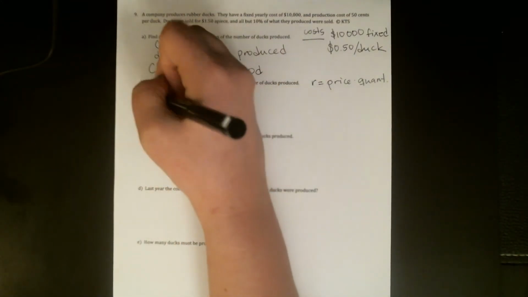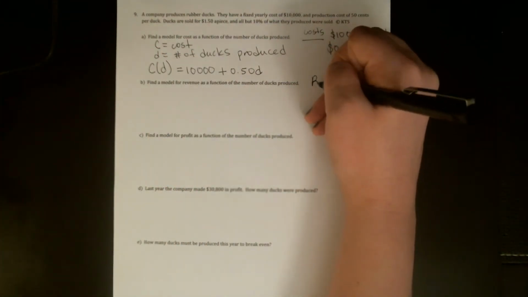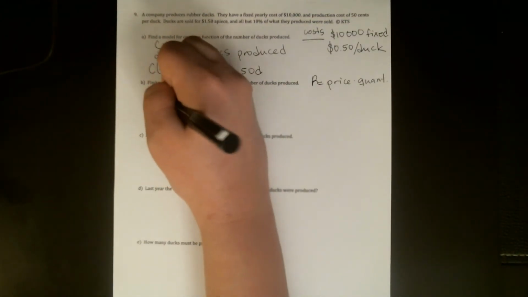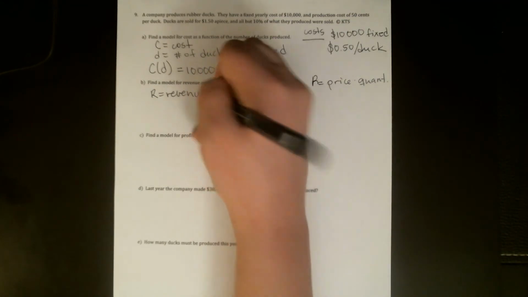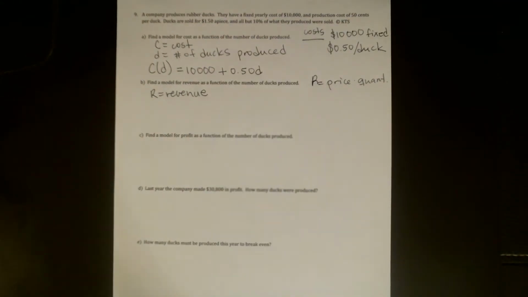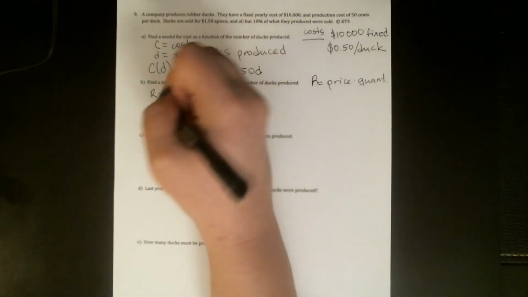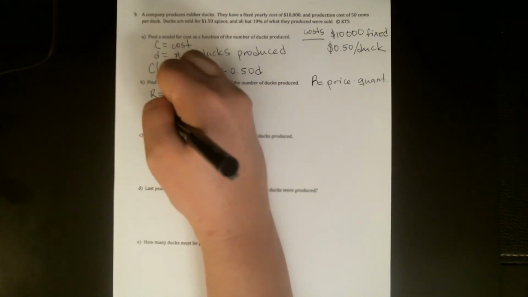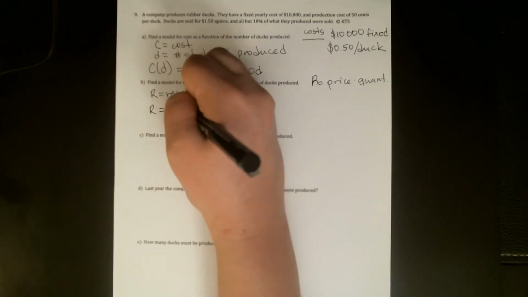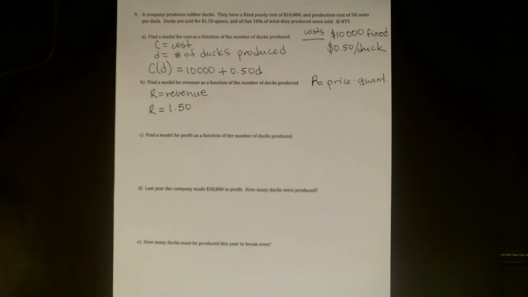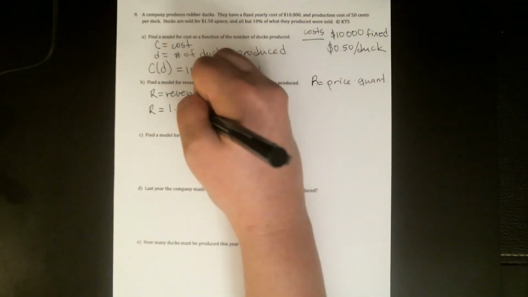So our revenue, let's go ahead and use capital R to match up above. We've already defined what D is, so we'll just stick with that. And I'm going to kind of work my way up to this. If I want the revenue, I know it's $1.50 per duck multiplied by the number of ducks sold, not the number of ducks produced.